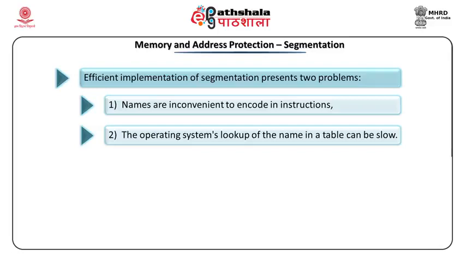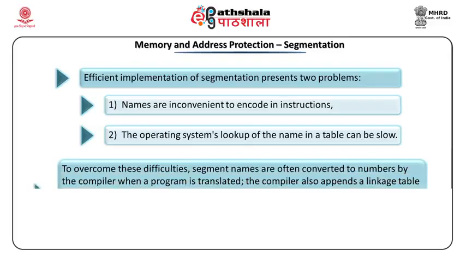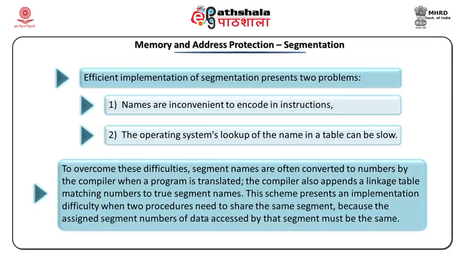So, the operating system has to spend some time in looking up. To overcome these difficulties, segment names are often converted to numbers by the compilers. This scheme has an implementation difficulty if two procedures need to share the same segment, because the assigned segment numbers of data accessed by that segment must be the same.